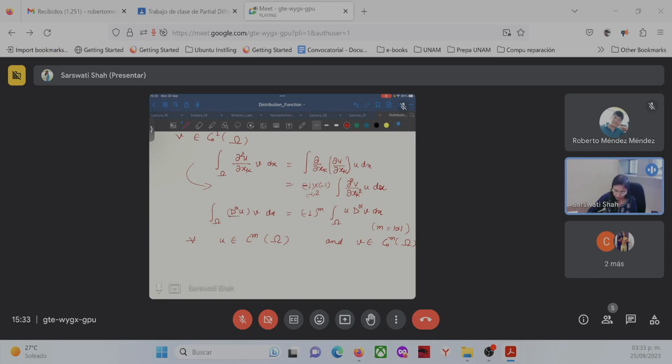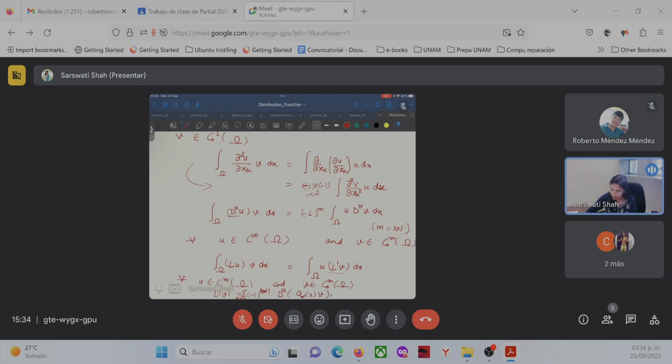So if we replace this with the L operator, it can be written as where this L dash v is defined as minus 1 to the power m, and just put the summation, modulus of alpha varying up to m, minus 1 to the power modulus of alpha, d alpha a alpha x v.